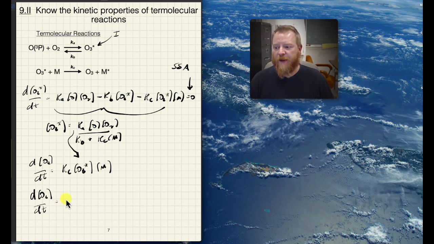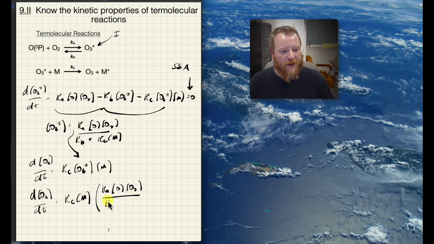So that ends up becoming the following. I'm going to keep the Kc and the M separate, and then now we'll plug in O3 star here. Okay. So from that we get Ka times O times O2, all divided by Kb plus Kc times M. And I think that I may have done the algebra on this.